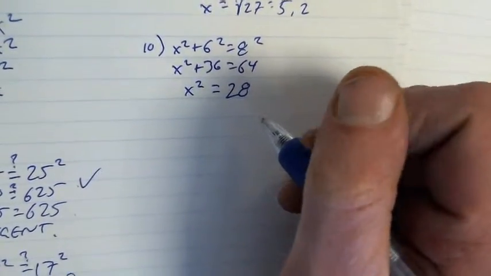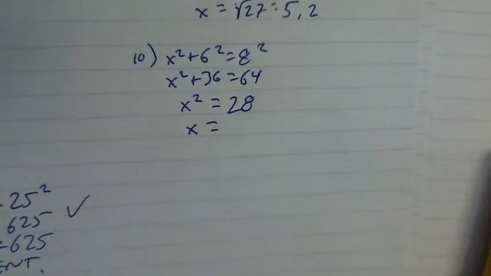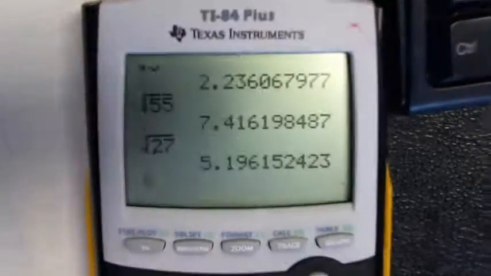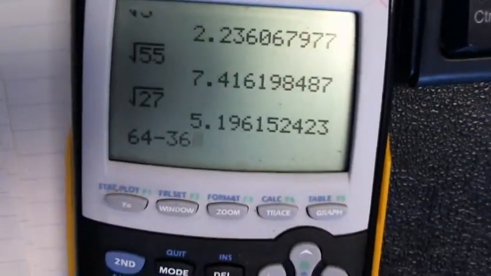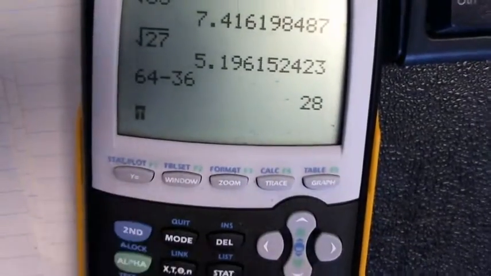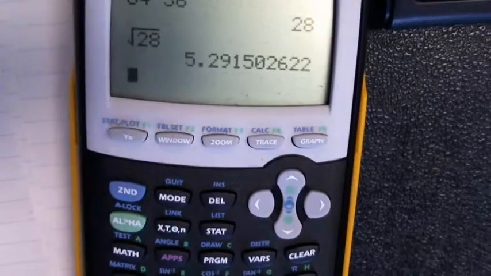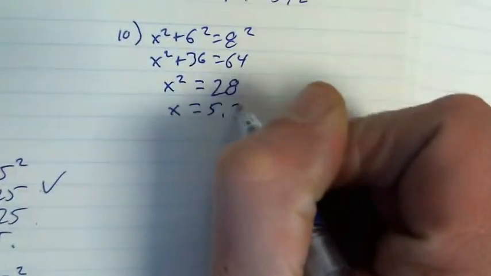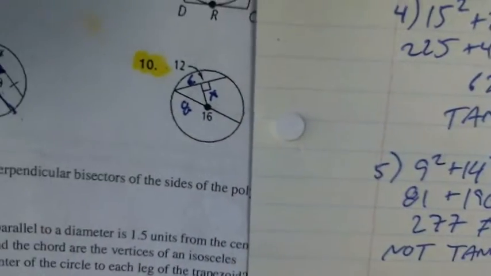Gets us 28. And X equals the square root of 28. Double that, it doesn't look right for some reason. No, that's right. 5.3. That looks about right.